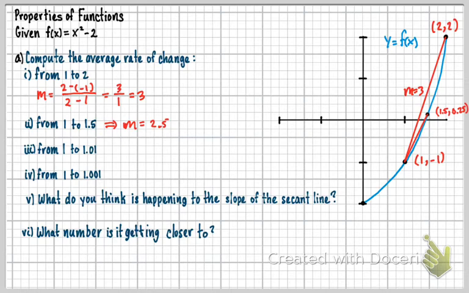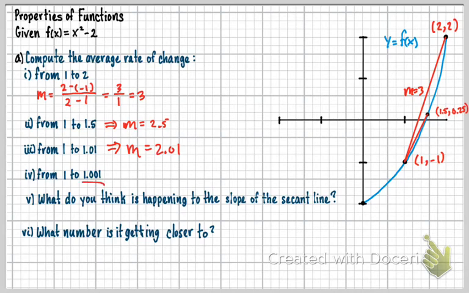Now I'm going to do this from 1 to 1.1. So that's going to be a lot smaller. That's going to be way down here somewhere, very close to the 1, if you think about the point. So that's going to give us M equals 2.01.